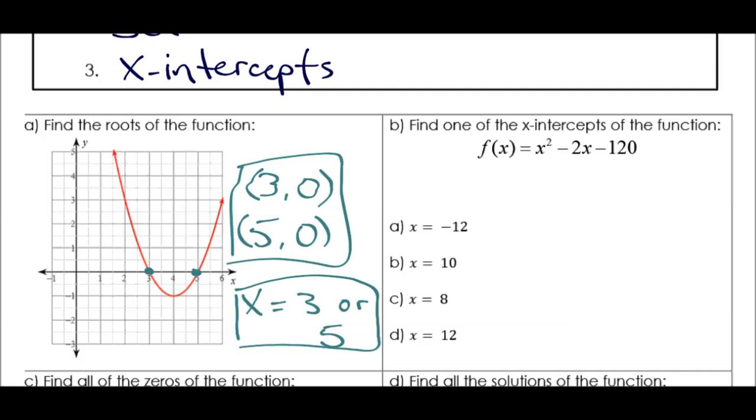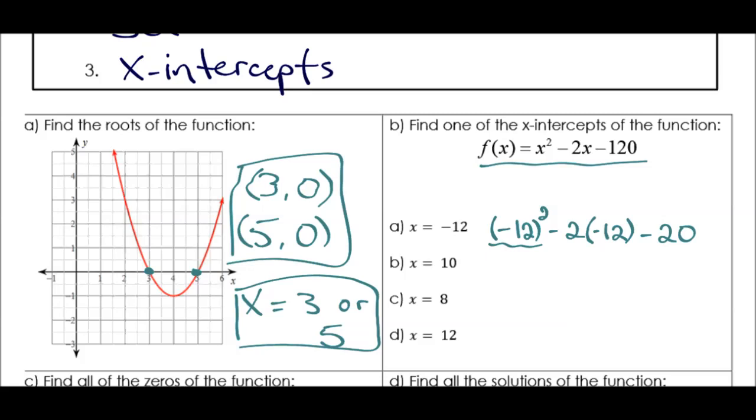When we're looking at a function like this, we're looking at which of those x values we can plug in for x and make the function equal to 0. So we're going to take each of those and plug them in. Negative 12 in place of both of those x's. Anytime we substitute a number in, it should go in parentheses, especially when we're dealing with a negative number being plugged in for an exponent.